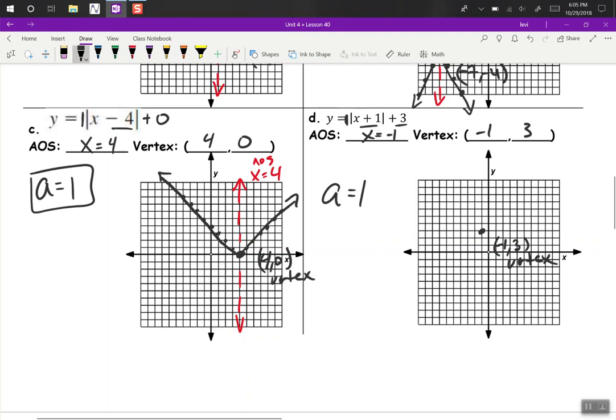And our axis of symmetry is x equals -1, so that's the vertical line that goes through the vertex. X equals -1, and our slope was 1 right there, so we're going up 1 over 1 again. And up 1 over 1 again. And there's our graph.